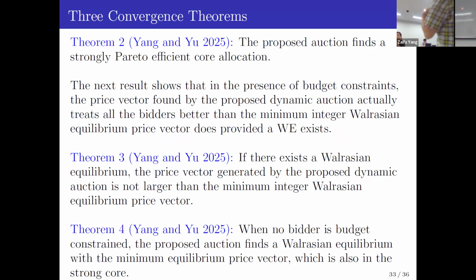In the sense that the prices found by the auction quite favor the bidders. In some sense, this is the reason why it's strategy-proof for the bidders. Then the other results: when no bidder is budget constrained, the proposed auction finds a valuation equilibrium with the minimum equilibrium price vector, which is also in the strong core.